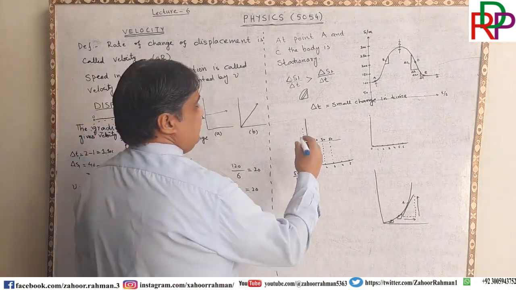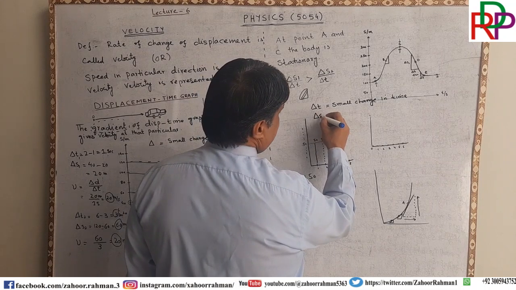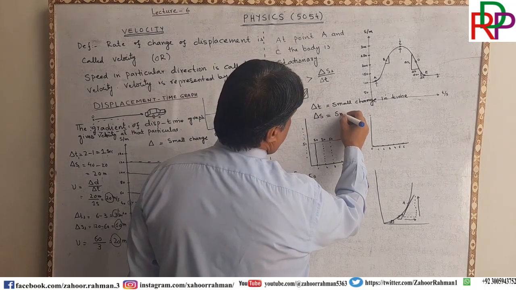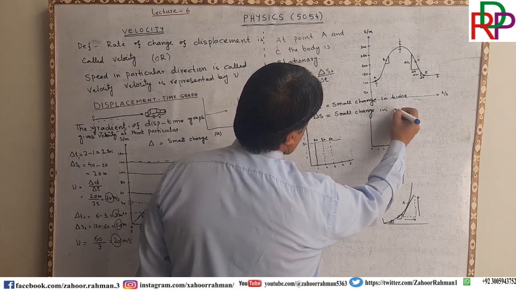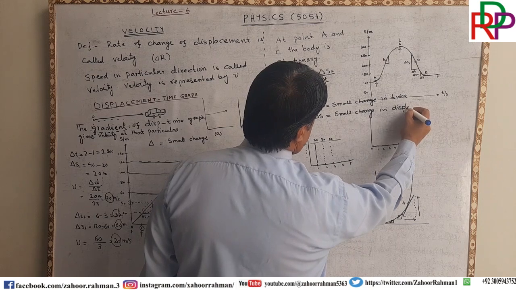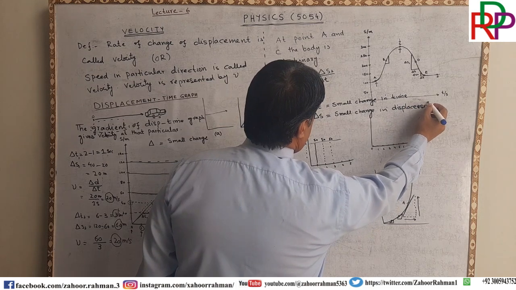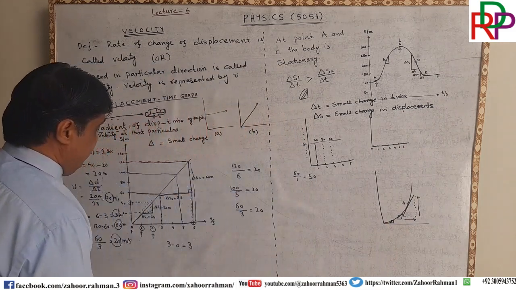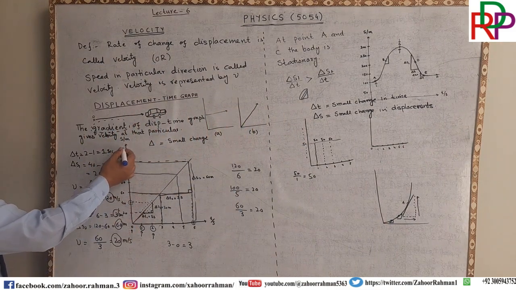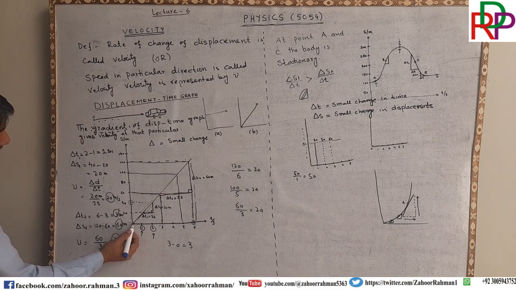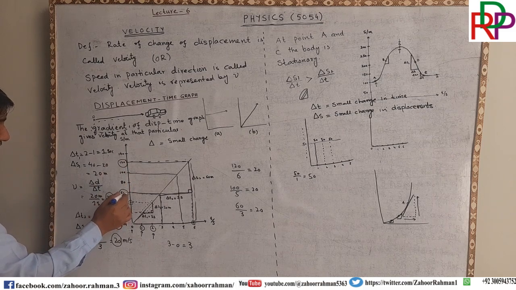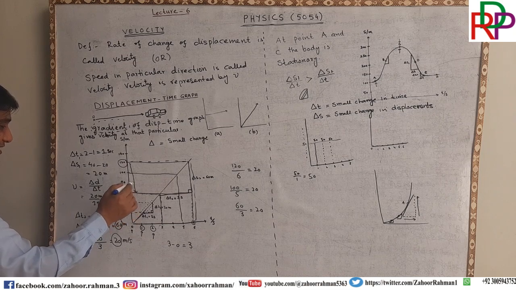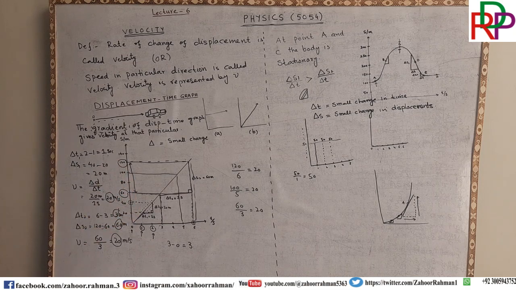Similarly, delta S is equal to small change in displacement. If we are taking it vertically, for example, we took here 120, so 120 minus 60, this much change occurred.